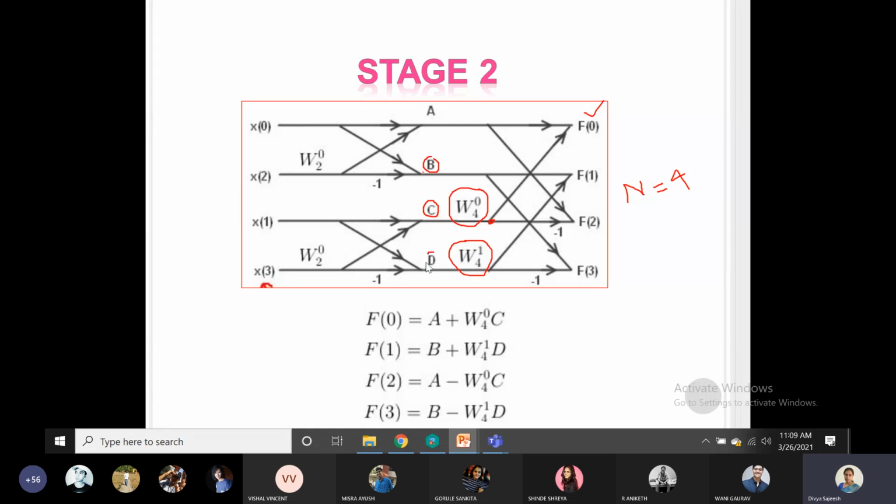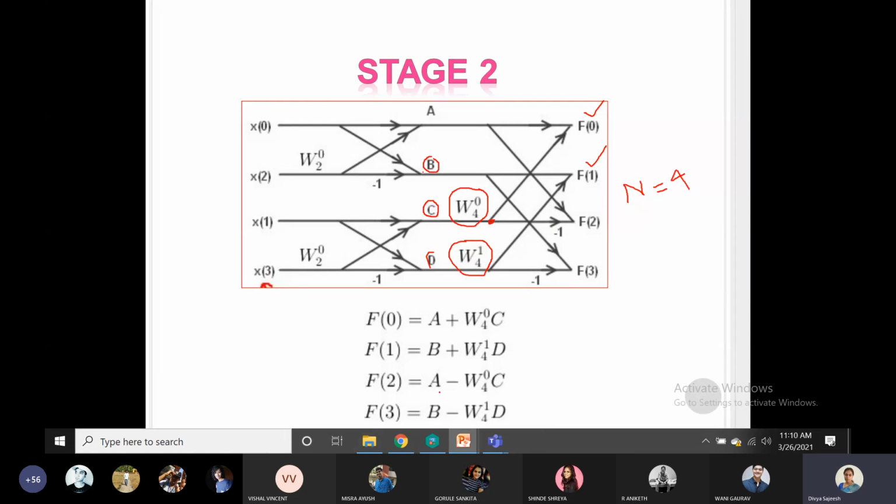Okay, so D into w4 raised to 1 plus b will give you f of 1. So f of 1 is equal to b plus d into w4 raised to 1.